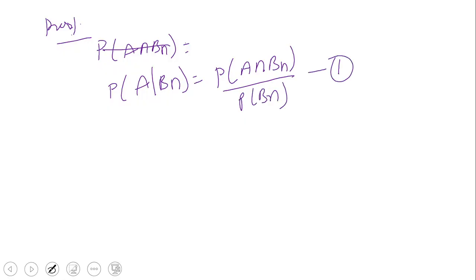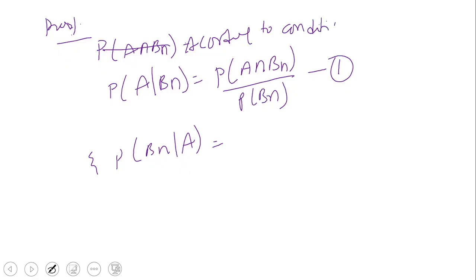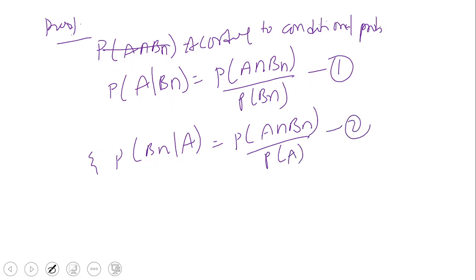Take this as equation 1. And according to conditional probability, P of Bn given A is equal to P of A intersection Bn divided by P of A. Take this as equation 2.